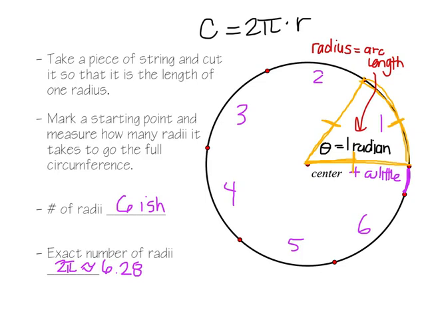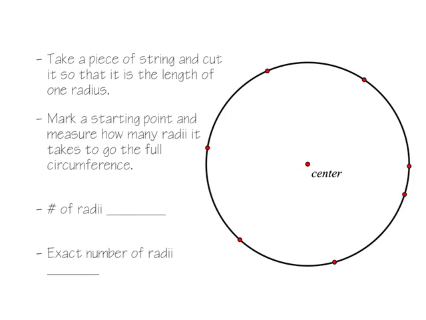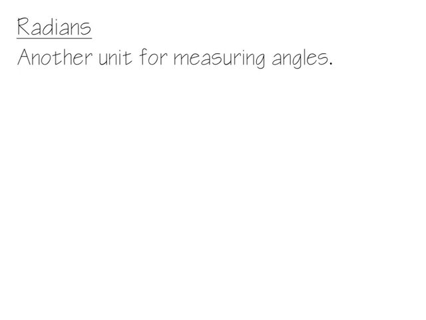Well, not every angle that you have is going to be a whole number multiple of that radian. That's about 57 degrees. You have angles that are 30 degrees, 103 degrees, lots of other angles. So what we're going to do is define a radian as, so it's just another unit for measuring angles. If I have an angle in radians, it is just your arc length divided by the radius.